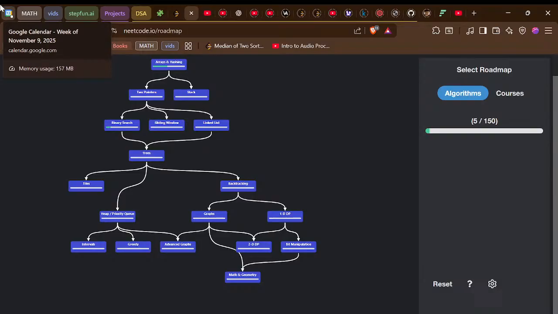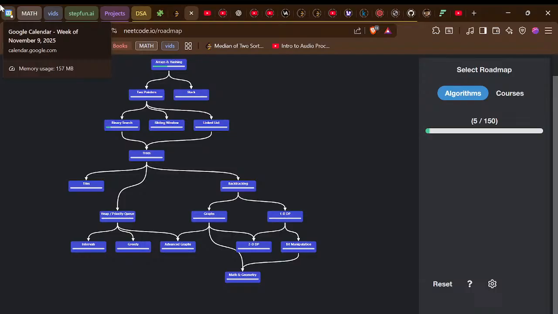Okay, we have trees, tries, backtracking, and graphs, heaps, and intervals. So that is the way that I'm gonna approach the next set of things.